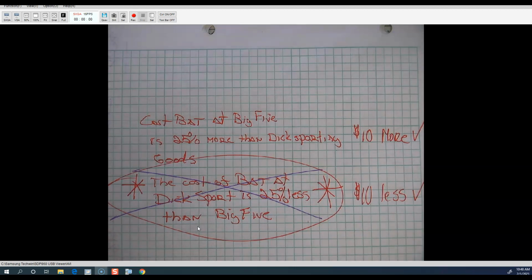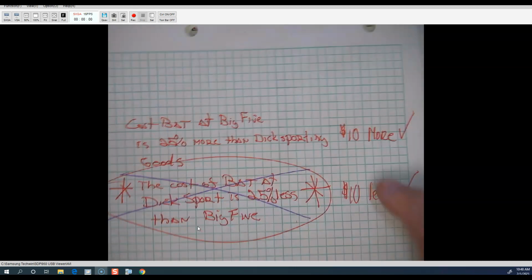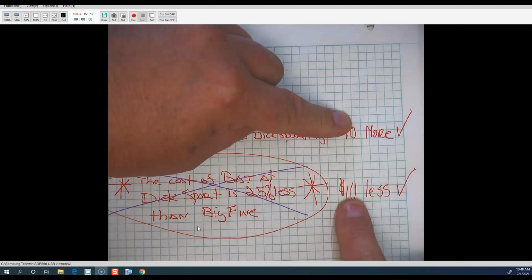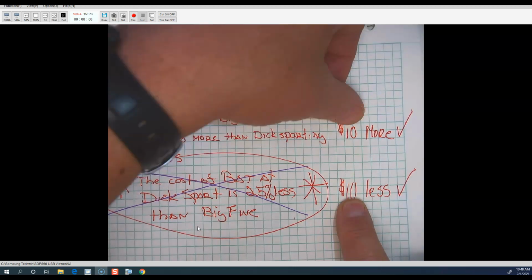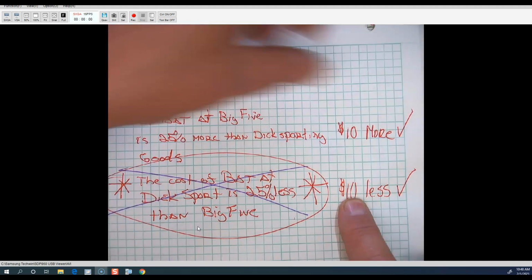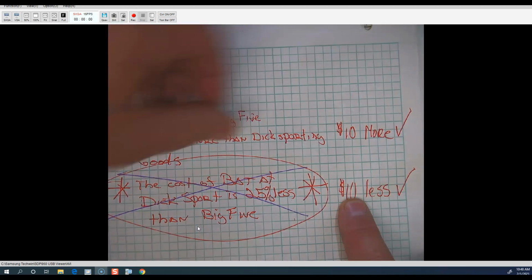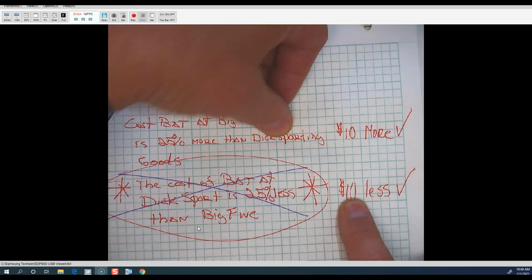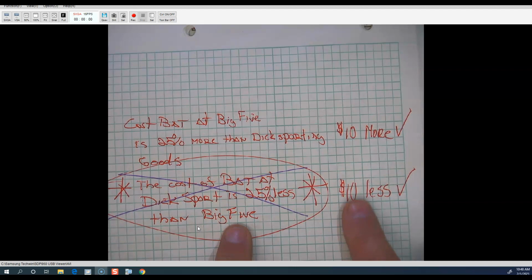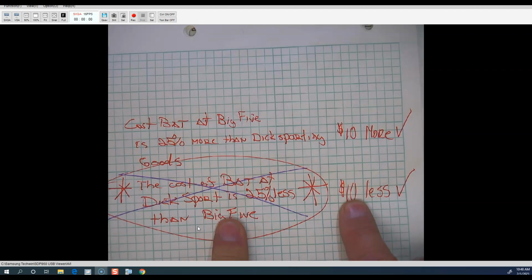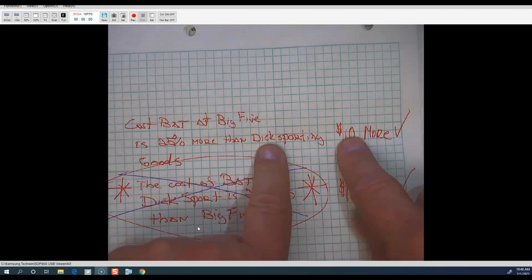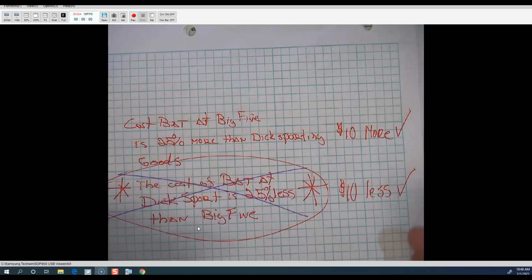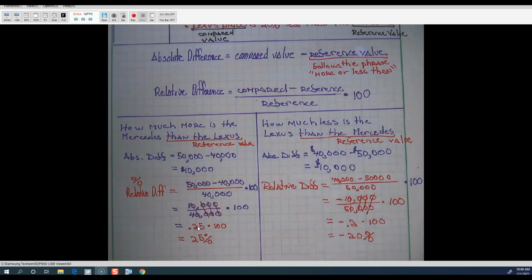And it's because you're taking this difference here and you're figuring out what percent it is relative to Dick's Sporting Goods. And in this one, you're finding what percent $10 is to the price at Big Five. That's why the percentages are different.